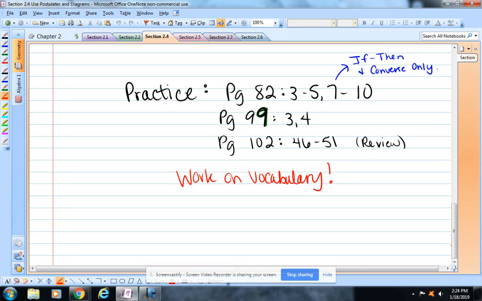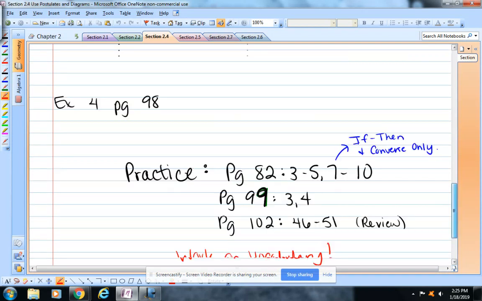This plus your vocabulary is due Tuesday. All right, so get out your book and turn to page 96. It's on there highlighted.